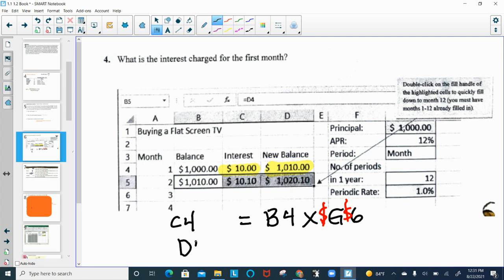Remember, all we did was take B4 and C4 and add them together. That's pretty easy. And on these, you don't want to use any absolute or mixed references.